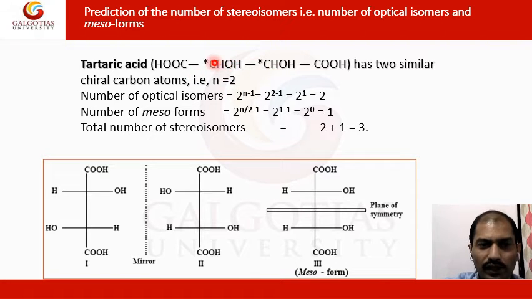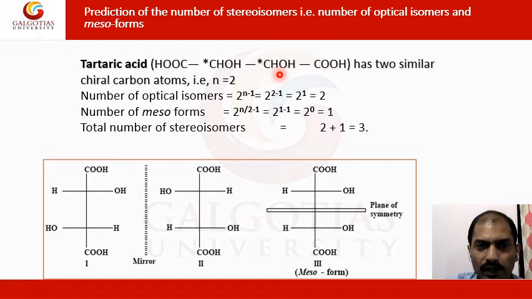Similarly, in the case of tartaric acid, here 1, 2, 3. First of all, you just see here also there are two chiral centers with two similar chiral carbon atoms. Carbon chirality is there, but you can see chiral carbon atoms n equals 2, and the number of optical isomers can be calculated here.